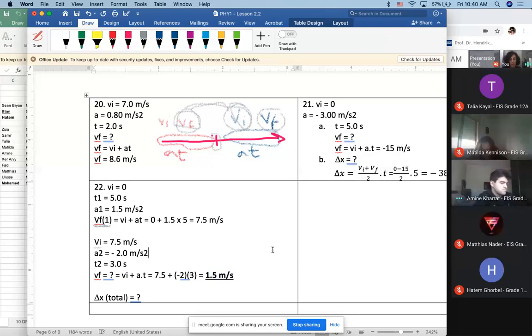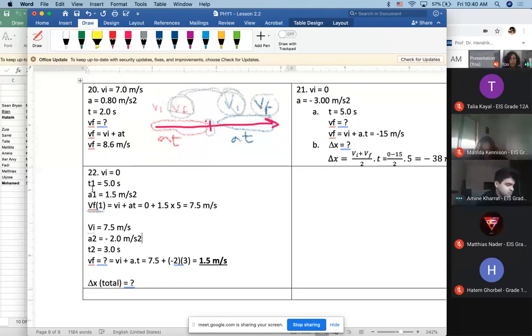They want me now to find the total displacement, which means I need to find the total displacement 1 plus total displacement 2 to be able to find the total. So I'm gonna take delta X and put it in here, and I'm gonna call it delta X1. Use any equation you want. I'm gonna do V initial plus V final, all of it over 2, and then multiply by the time. I like this equation because it's quick and easy.